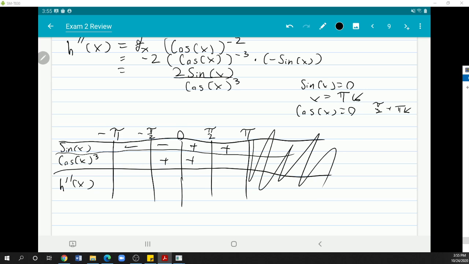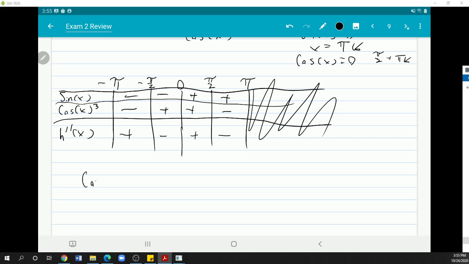So say from 0 to pi over 2, you plug in pi over 4. From 0 to minus pi over 2, plug in minus pi over 4. Here you'll get minuses, so you get plus, minus, plus, minus. So I get it constantly changing where it's concave up and concave down.